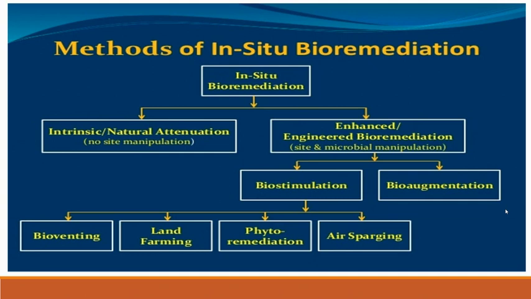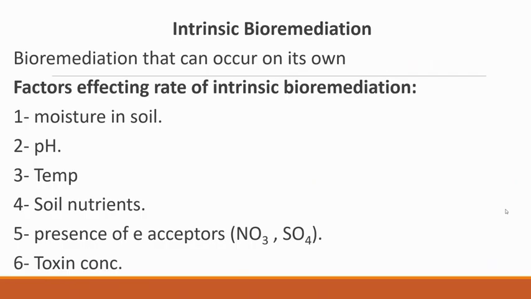Now, in the enhanced bioremediation, we talked about biostimulation and bioaugmentation, and for the stimulation, you can do bioventing, where you stimulate by actually adding air. You can look at land farming, okay. You can look at phytoremediation and air sparging. All these are methods of biostimulation.